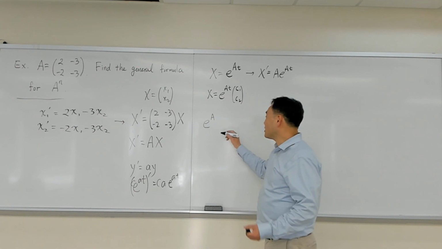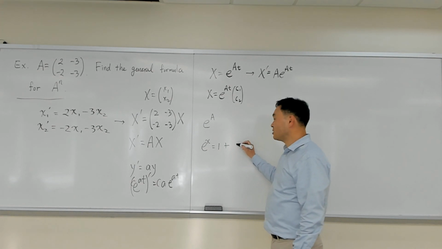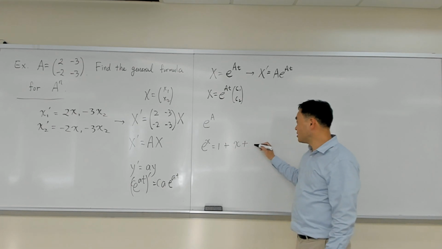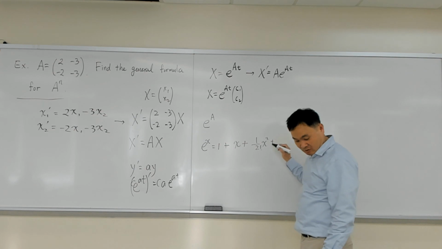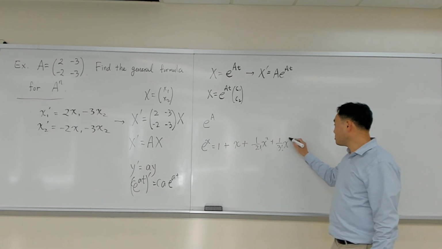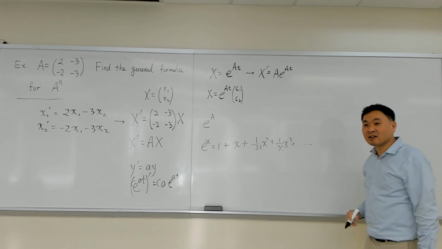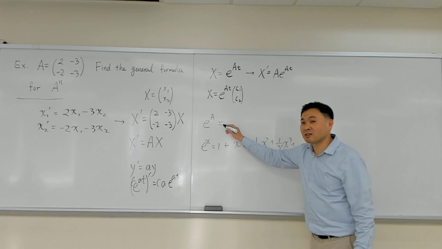All right, so e to the x is 1 plus x plus 1 over 2 factorial x squared plus 1 over 3 factorial x cubed. What is this thing called? Taylor series, right? So how would you define this for a matrix?